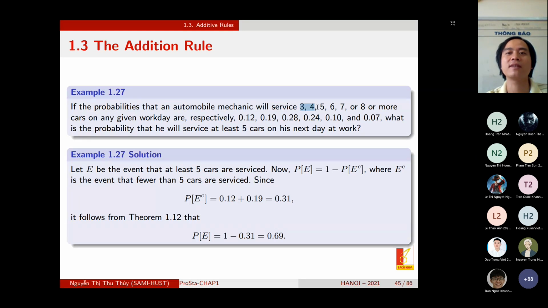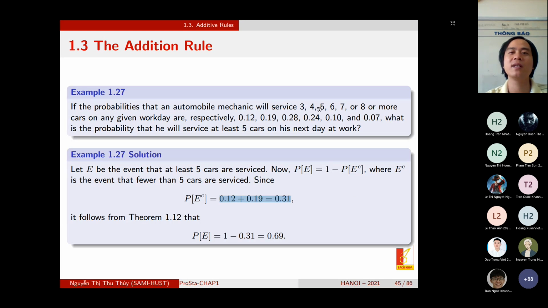So instead of counting 4 cases, we count only 2 cases, and then we use the complement rule. But in fact, we also need to compute 3 computations here. So 3 compared to 4, it doesn't matter; it's not really different.